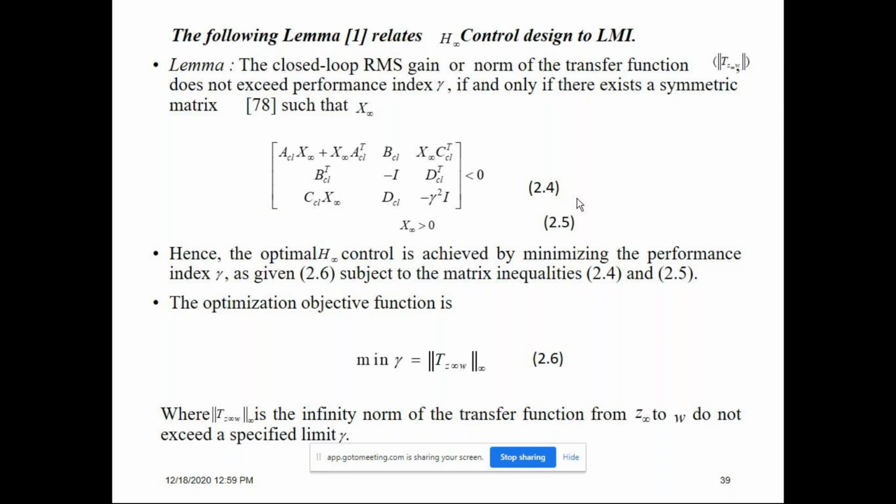I would like to repeat it. So the different grid interactive parameters, as far as the control design is concerned, there the optimization plays an important role.